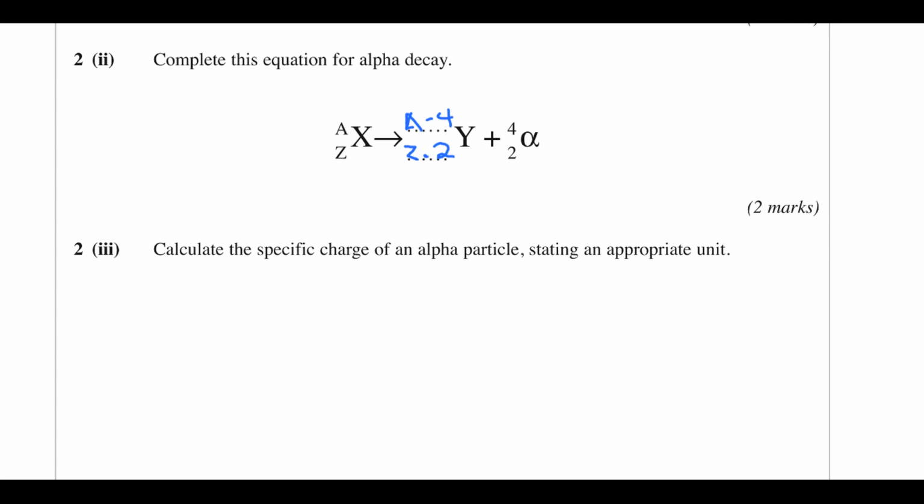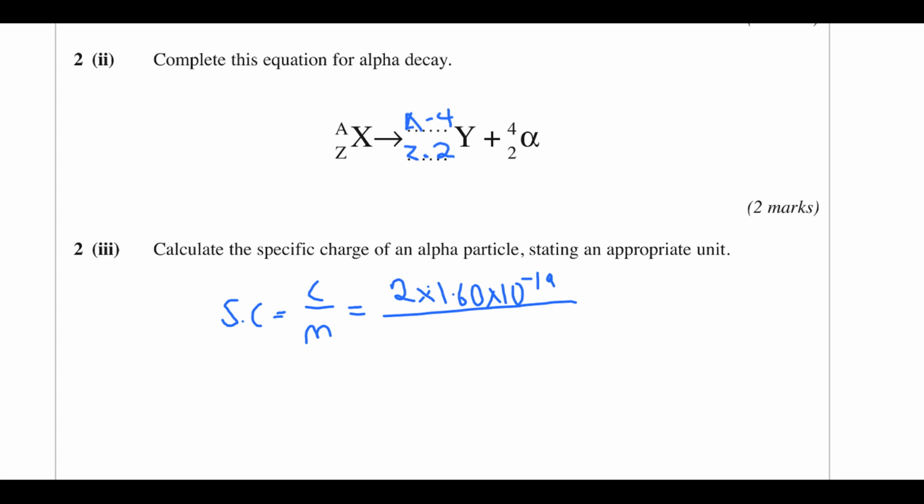Calculate the specific charge of an alpha particle. Specific charge is charge divided by mass. So the charge has got 2 protons, so it's 2 times 1.60 times 10 to the minus 19.